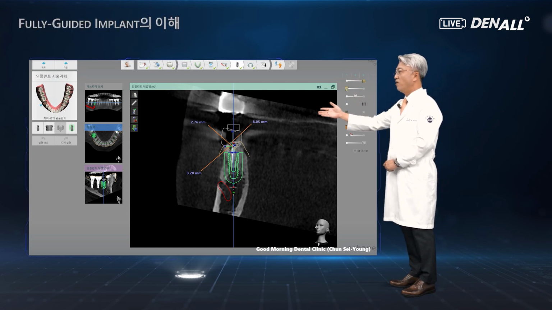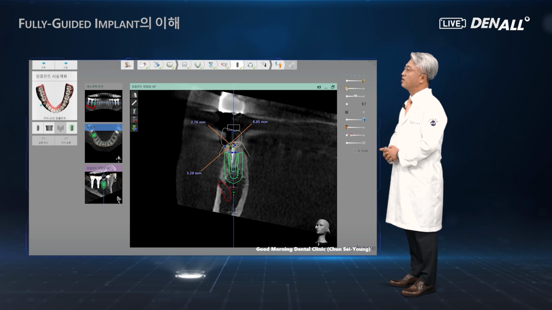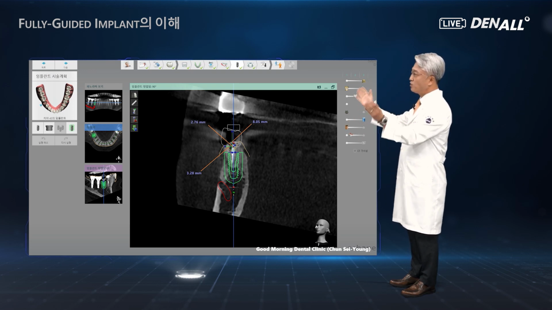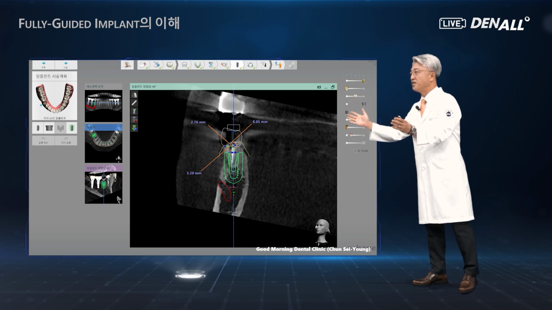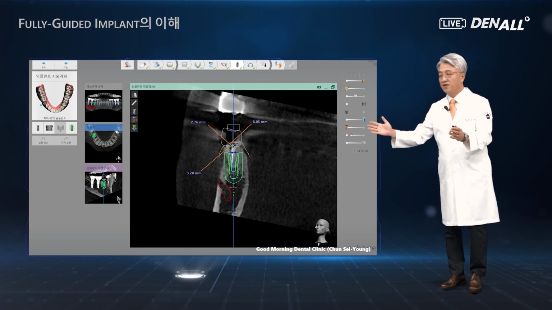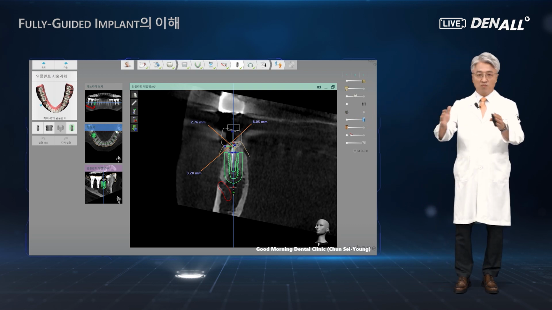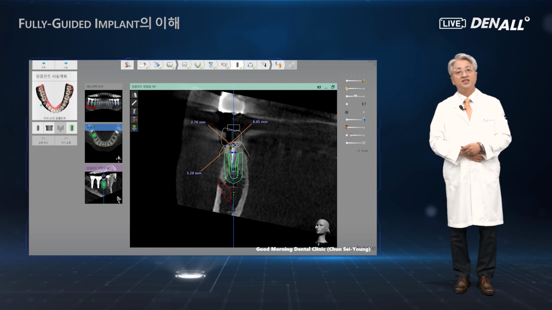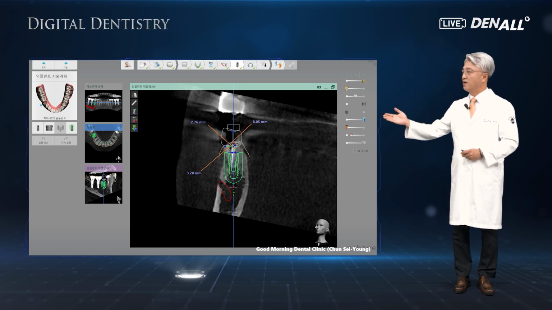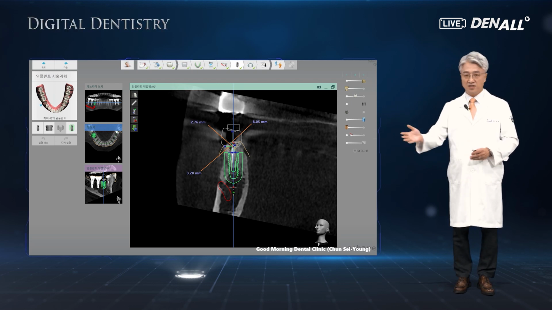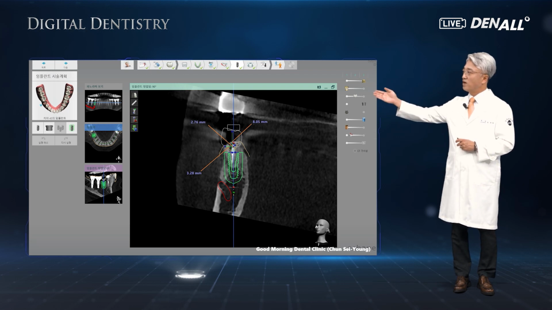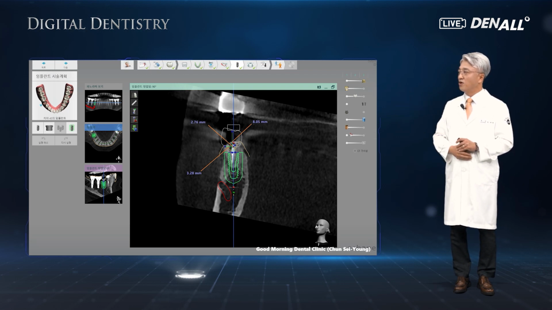The designed crown and gingiva, alveolar bone, nerve, opposing teeth, and all other data are displayed like this on the virtual world. In this condition, crown, gingiva, bone, nerve are considered to design the optimal positions for implants.